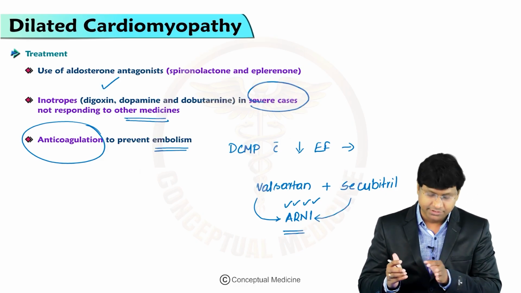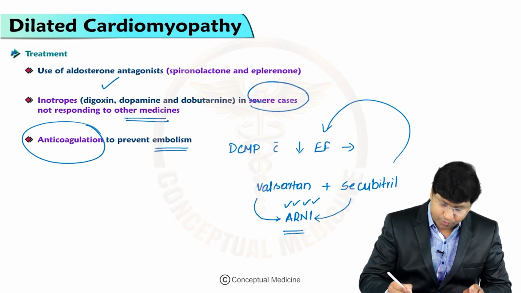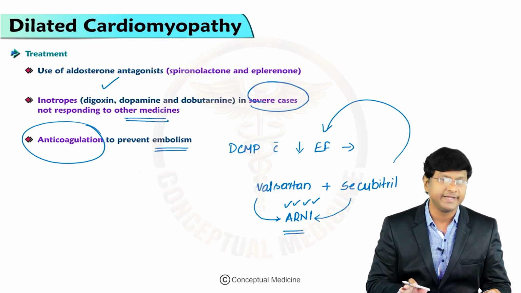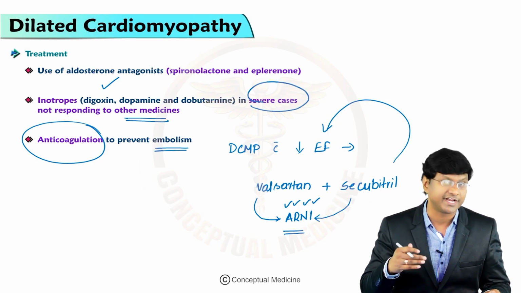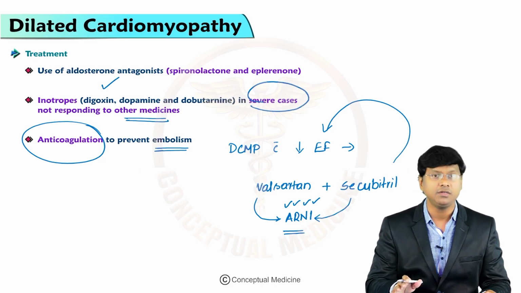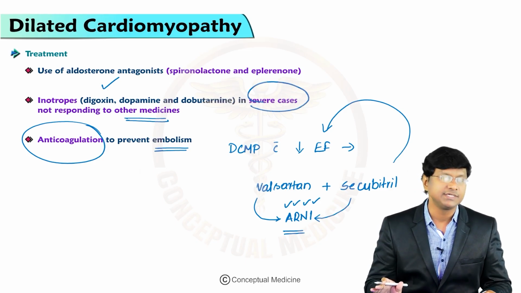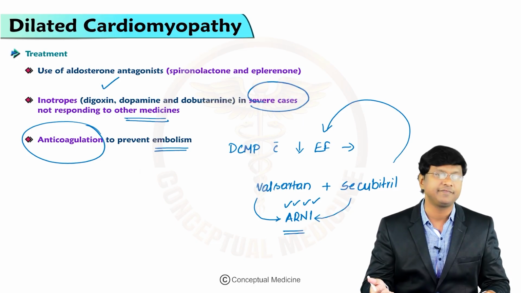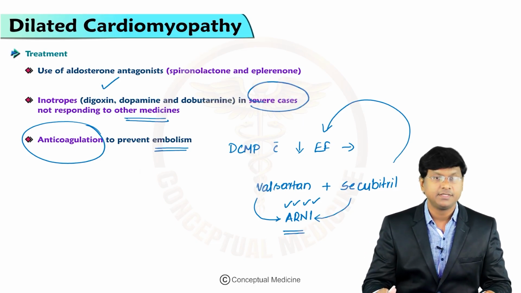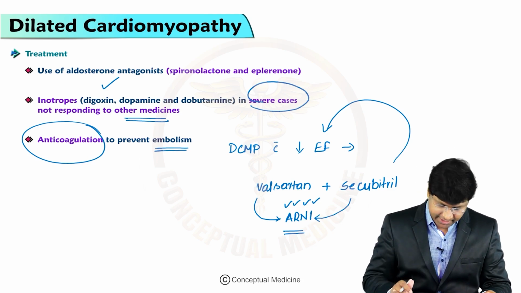So this combination, if you give, can improve the ejection fraction within the individual. So this is about the medical management, and in those individuals who are refractory, we have to put that particular patient on cardiac resynchronization therapy or a left ventricular assist device, or ultimately these patients require cardiac transplantation.